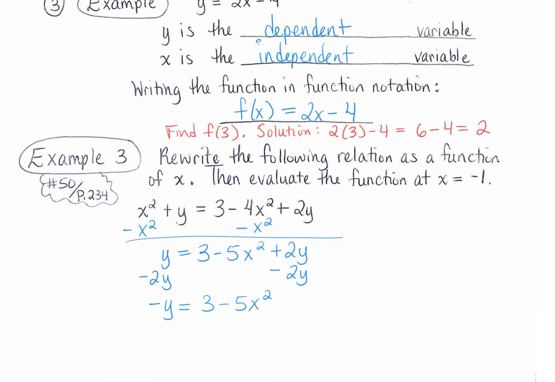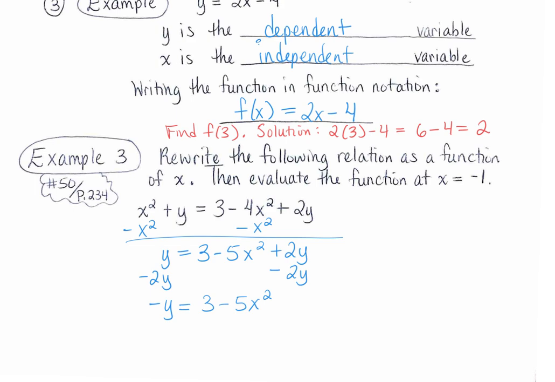Then we want to do what? Plug in our negative one. Nope, you're skipping some steps. Are we subtracting y? That's a negative y. We want it to be what? Positive y. What do we have to do to both sides? Multiply by negative 1 or divide by negative 1?